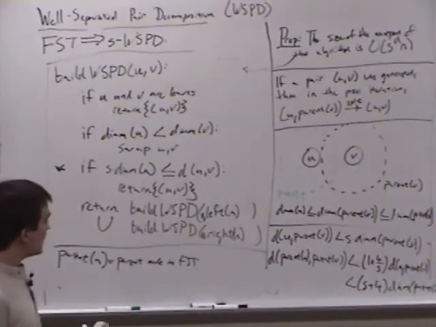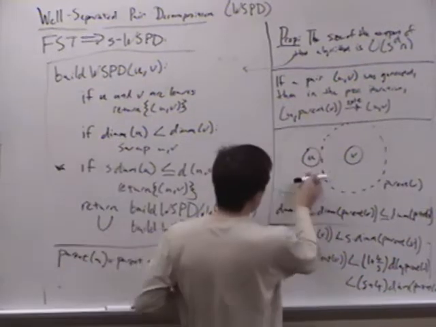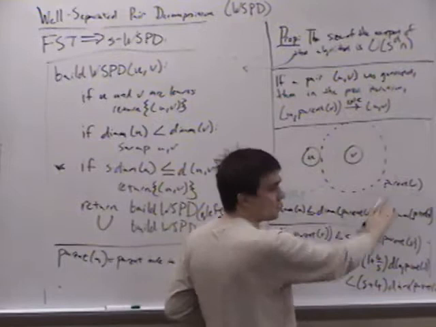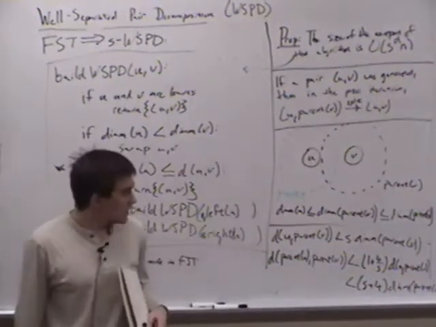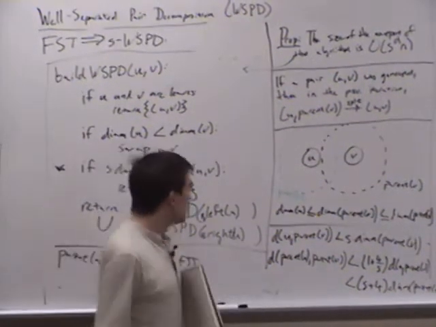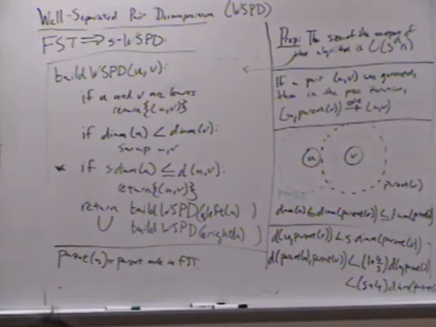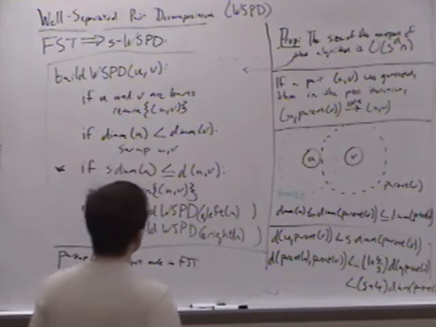Well, it means that this parent of U here has to be contained inside some ball of radius s times the diameter of parent of V. So I need some more space. I'm going to erase some things here. This is sort of the tricky thing.